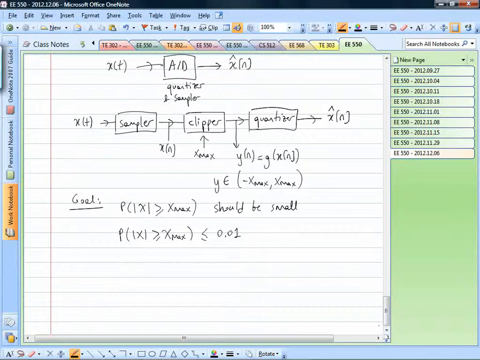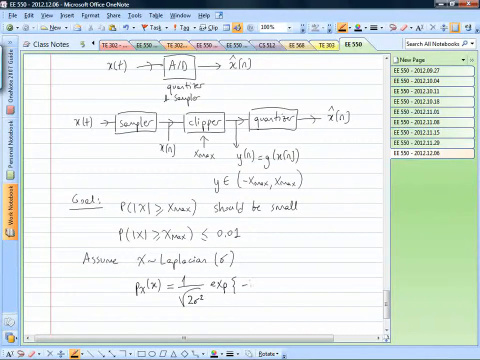And we can assume that x is Laplacian. This is a good assumption for audio signals. The distribution is Laplacian with the parameter sigma. Let's remind ourselves what the Laplacian PDF looked like: 1 over square root of 2 sigma squared, times exponential of minus square root of 2 over sigma squared times absolute x.